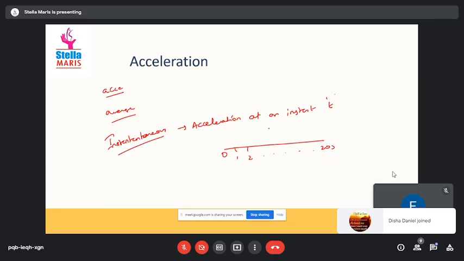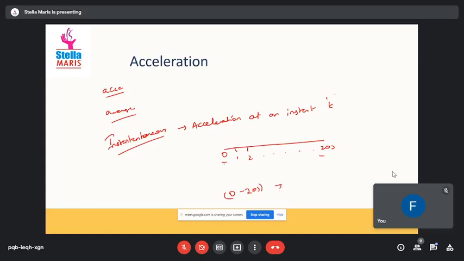So if I calculate the acceleration between 0 seconds and 20 seconds, what is that called? Anyone? Average acceleration. Very good. It is called average acceleration. But I want to know the acceleration that happened at a particular second.